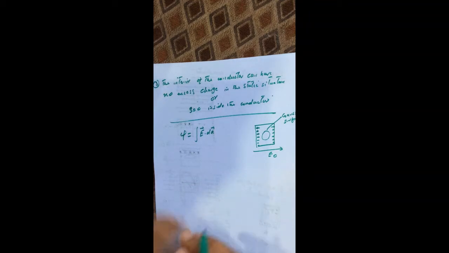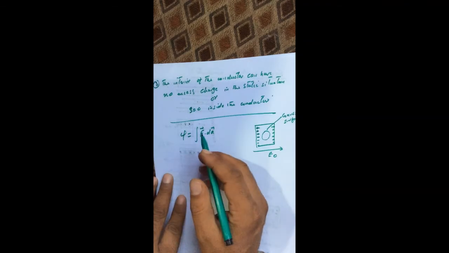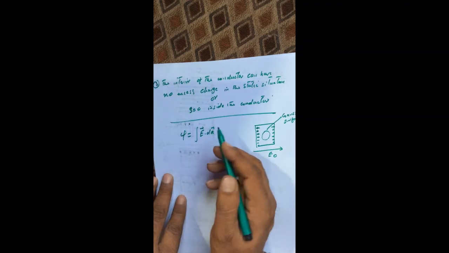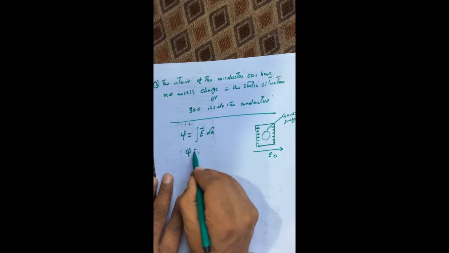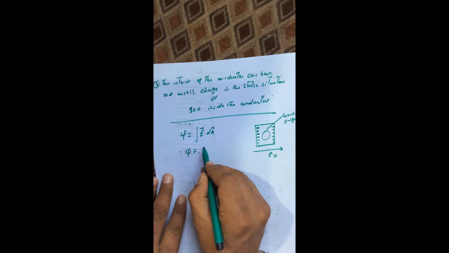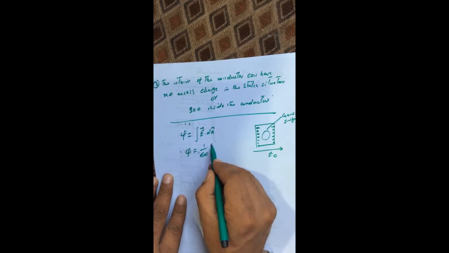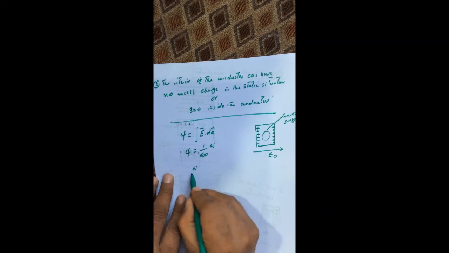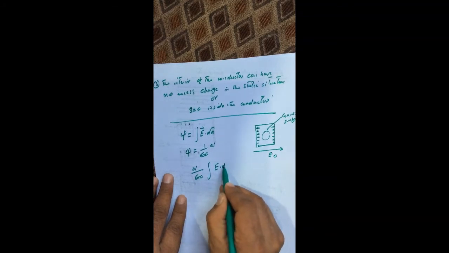Now also we know from Gauss law that the total flux through any closed surface is 1 over epsilon naught times the total charge enclosed by that closed surface. So from this I can write Q over epsilon naught is equal to the integral of E dot dA.